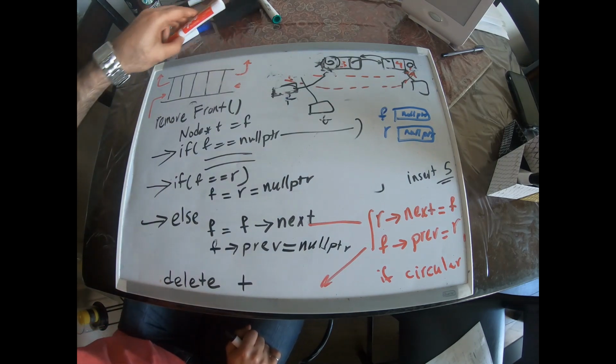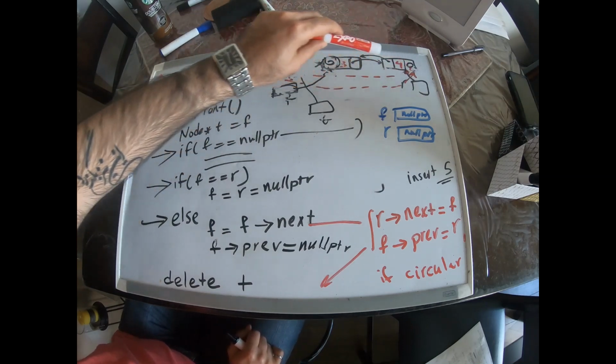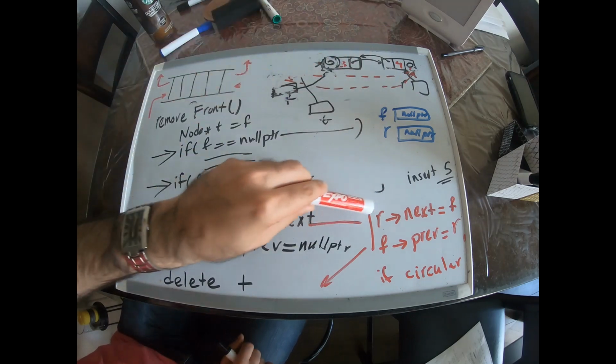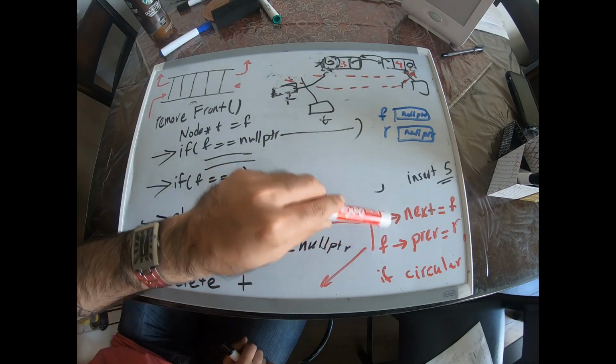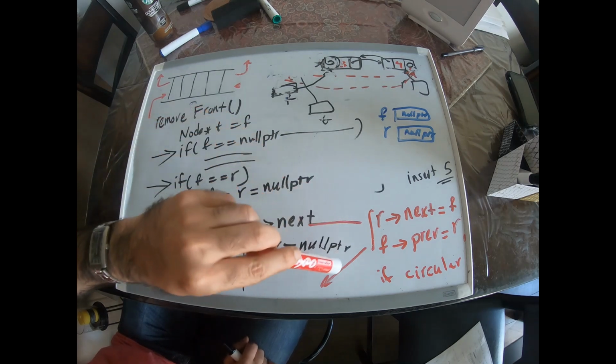Again, if you want to make this a circular linked list, you have to do these two operations, right? Like just here.